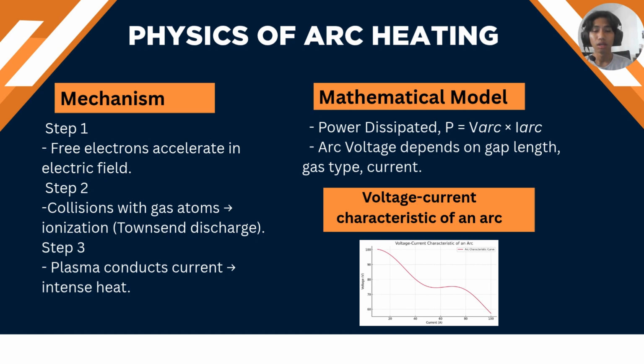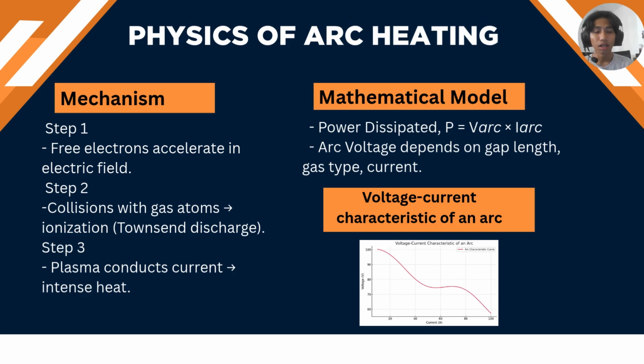For the mathematical model, the heat generated is given by the simple power equation: P equals V arc times I arc. V arc is the arc voltage and I is the current. The arc voltage varies depending on the gap length, gas type, and arc current.